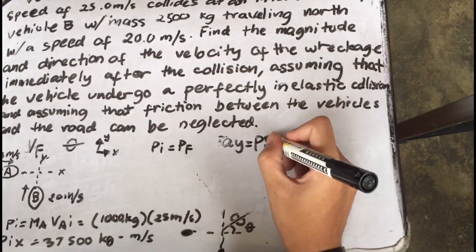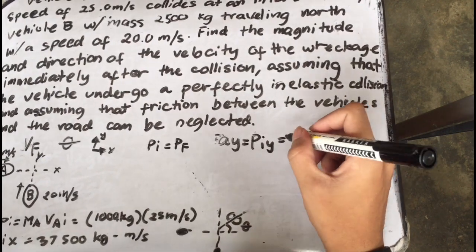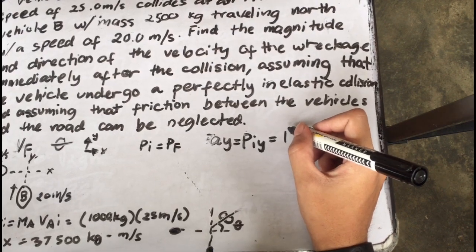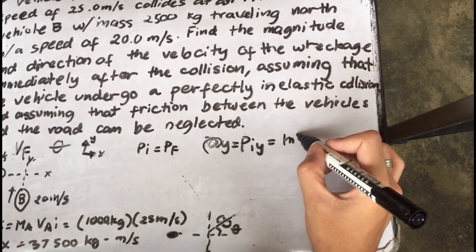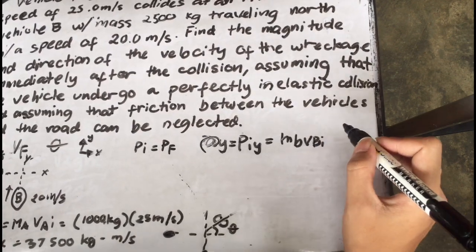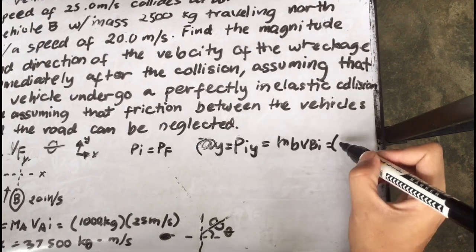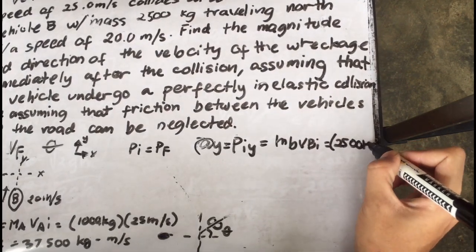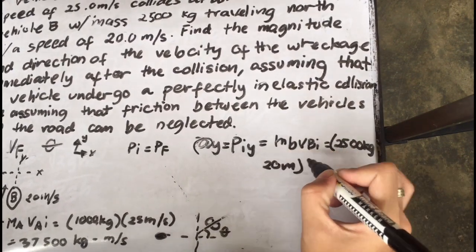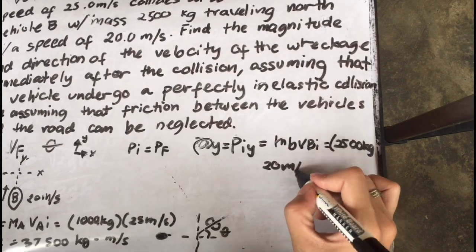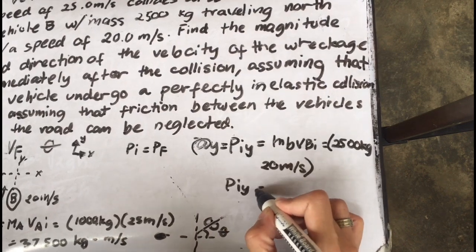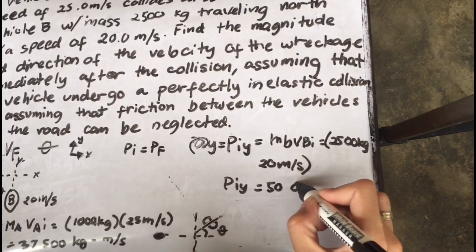So, sa y naman tayo, is equal yan sa P sub i y, initial, equals sa ating mass B times V sub B initial. So, yung value ng mass B natin ay 2,500 kg times 20 meters per second.